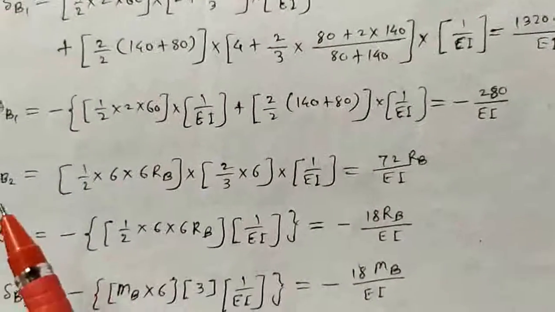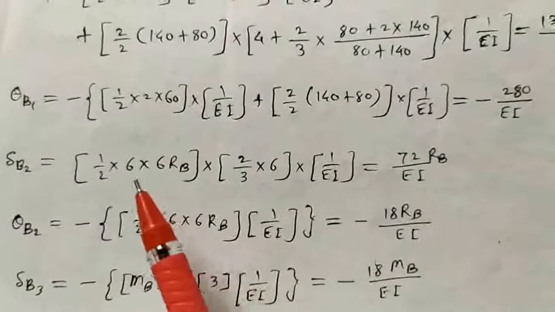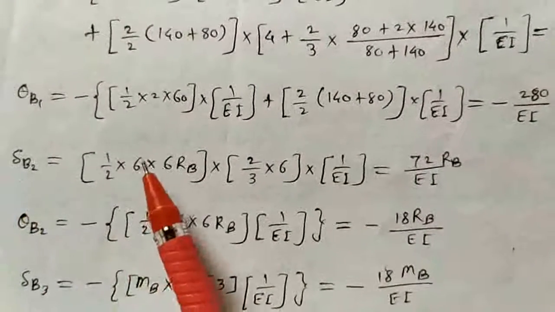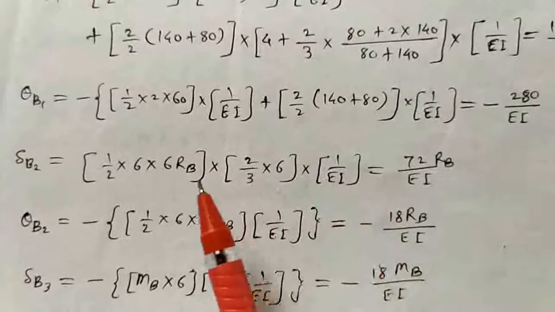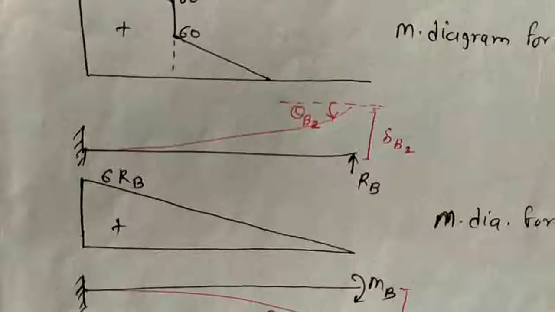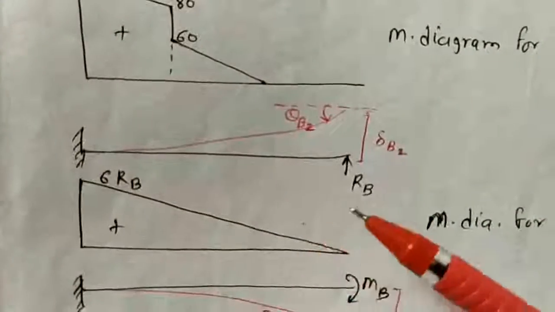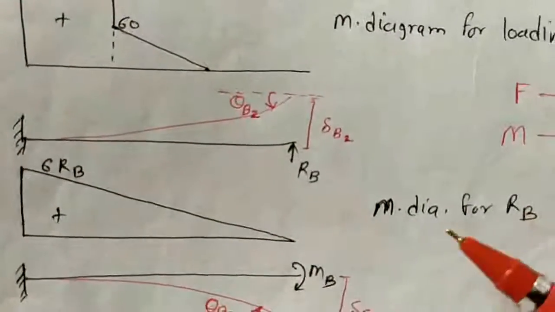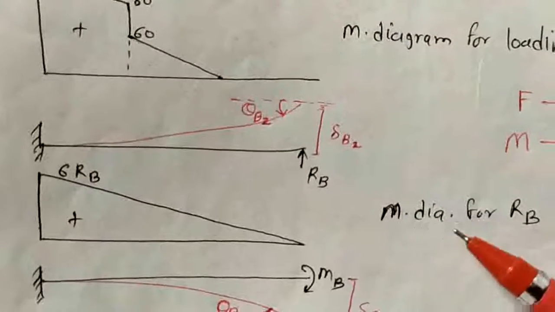Likewise, come to delta B2. Of course, while writing delta, we have to consider three brackets: area, centroid distance, and EI variation. Now to get the value of delta B2, consider this M upon EI diagram because of the application of this unknown. This unknown is RB.